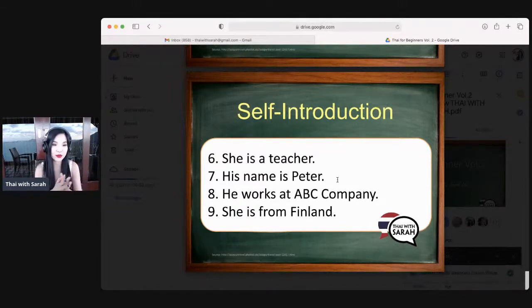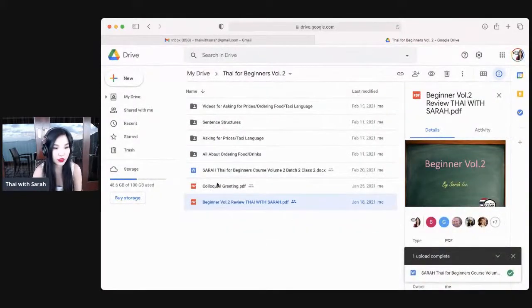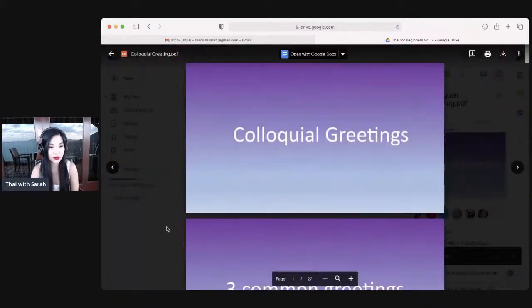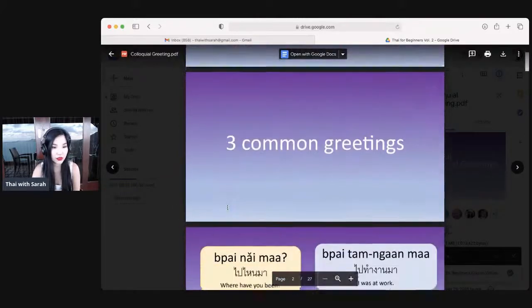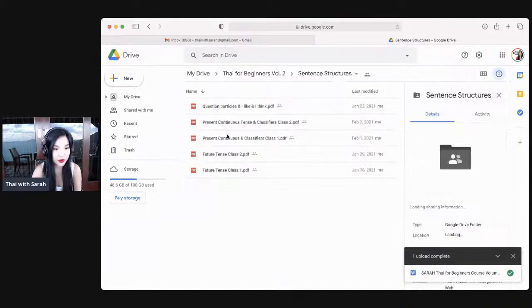Okay, so that's about it for this one. After we learn this, we're going to move on to colloquial greetings. Oh, actually, we're going to do the sentence structure first.